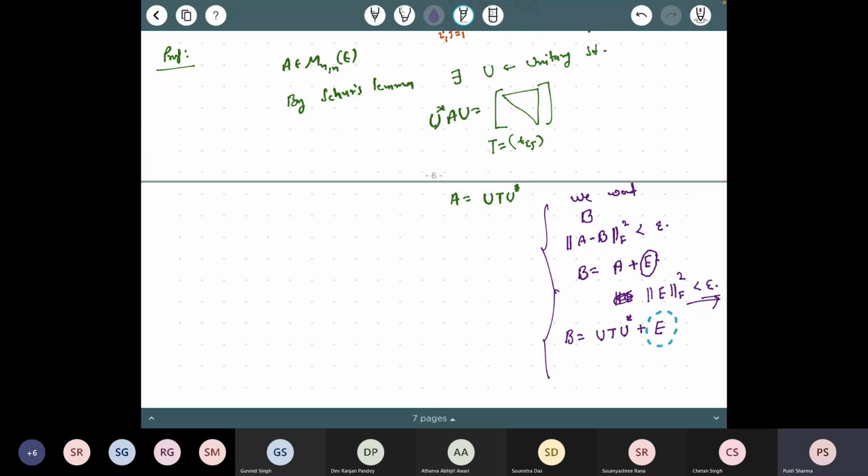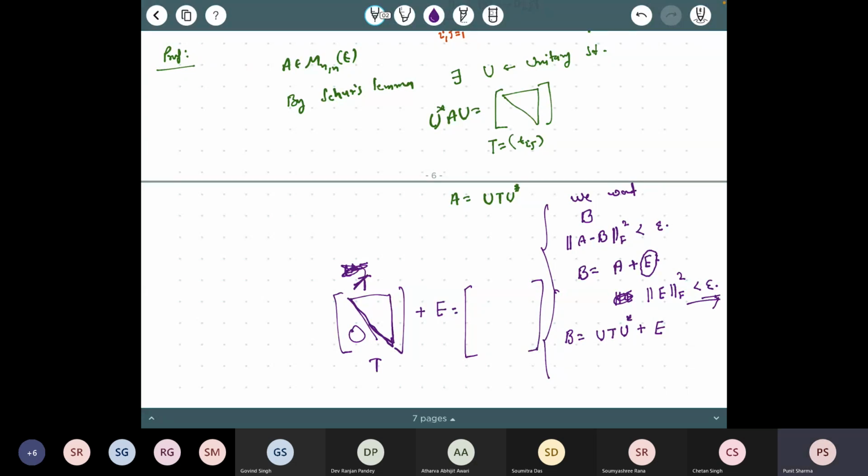First you try to find, instead of U T U star, suppose you just have T, the upper triangular matrix. This T may not have all eigenvalues distinct. So what E can you add to this T such that it has distinct eigenvalues?